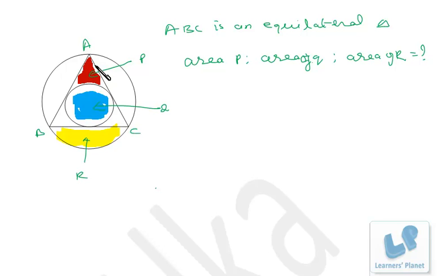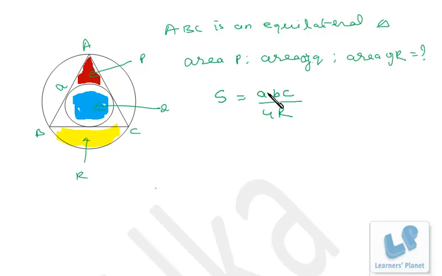I assume the side of this triangle ABC is A, right? Now in the basic session, the first session of the workshop, I have already told you how to find out the inradius and circumradius, right? What is inradius? I just write it once again. Area of a triangle is equal to ABC by 4R, where ABC are sides and R is the circumradius.